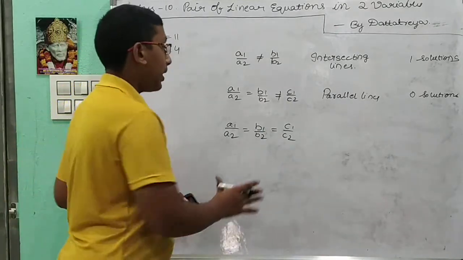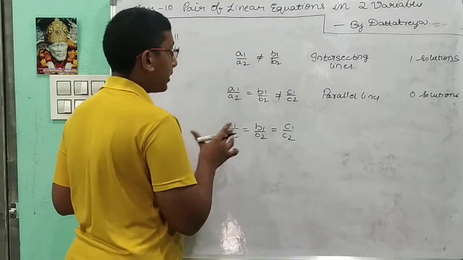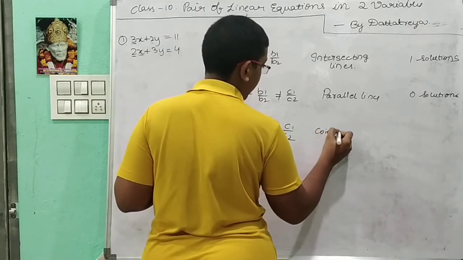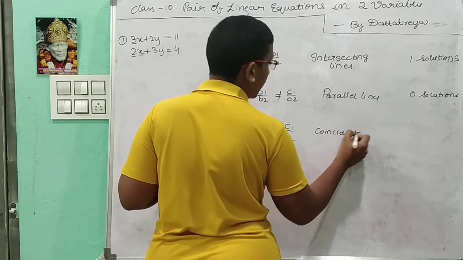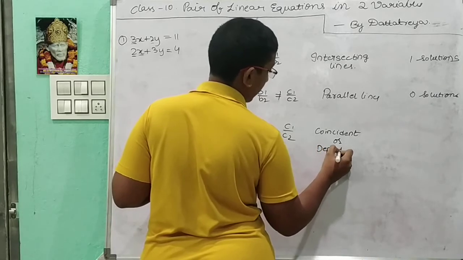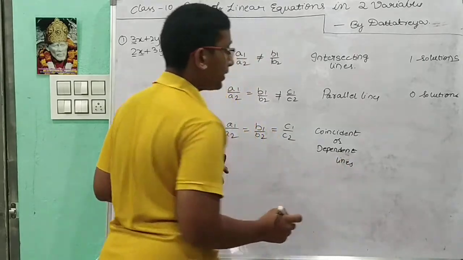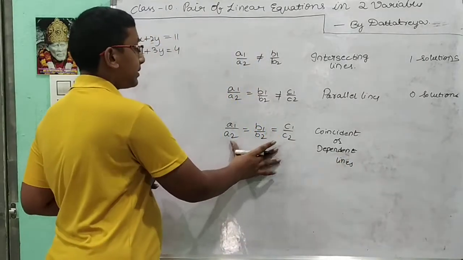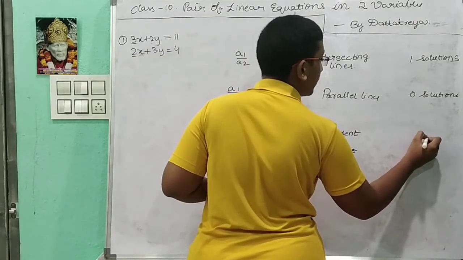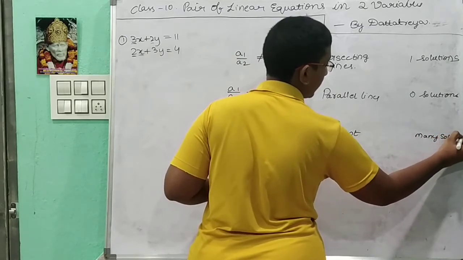Now if all are equal in the given equation, then they are known as coincident or dependent lines. This type of lines has many solutions, nothing but infinite solutions.